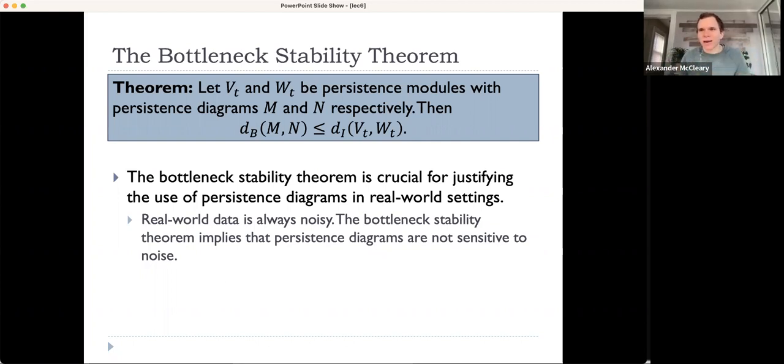Let's say the noise shifts our data set by epsilon. What that tells us is that our persistence diagrams are going to be shifted by at most epsilon anyway. So it's a very important result. What you don't want in statistics is an invariant that changes wildly with just small changes of your data. And this is telling us that this is not the case for persistence. The barcodes or persistence diagrams are a stable invariant.